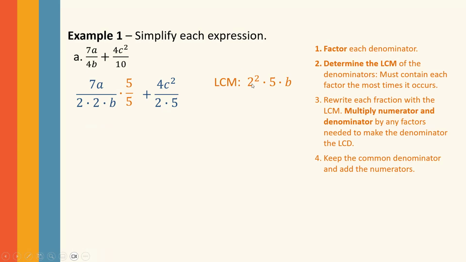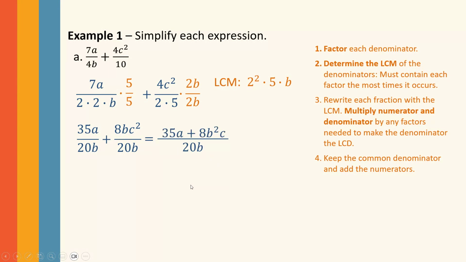It needs another factor of 2 and it needs a factor of b. So I'm going to multiply by 2b over 2b. So our new fractions are 35a over 20b plus 8bc squared over 20b. So now that our denominators are the same, we will keep the denominator and add our numerators.